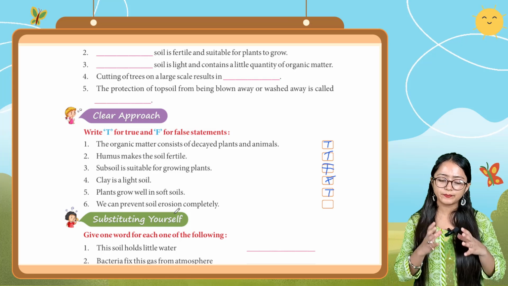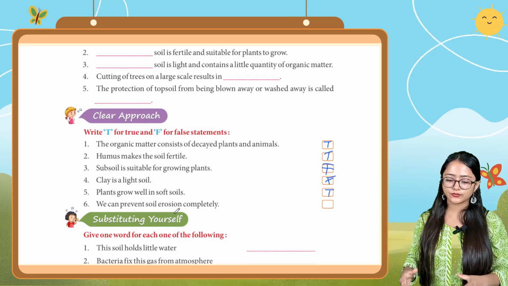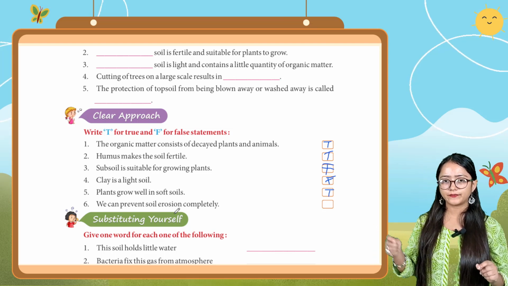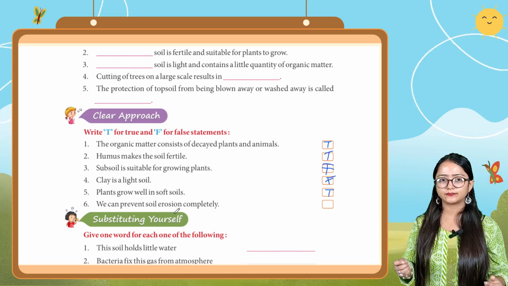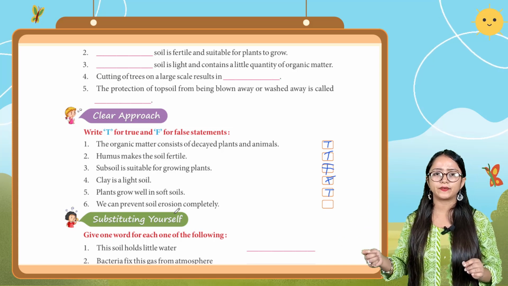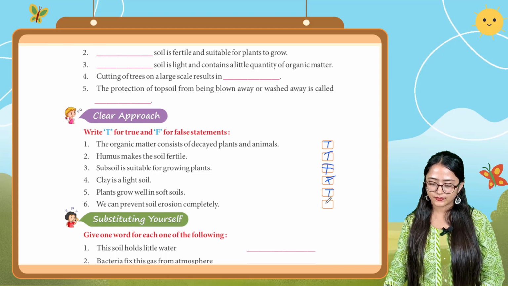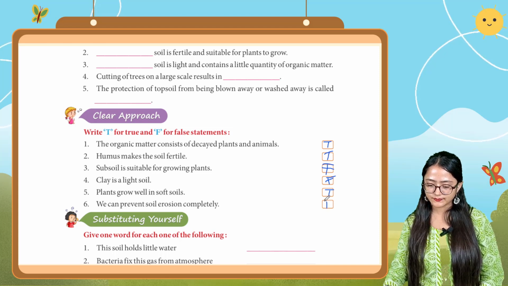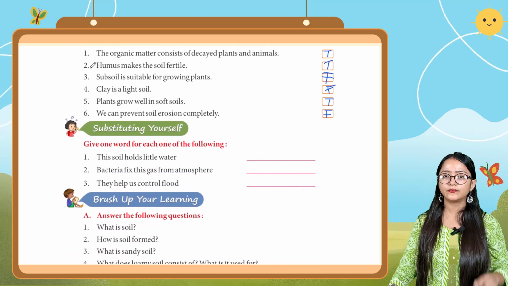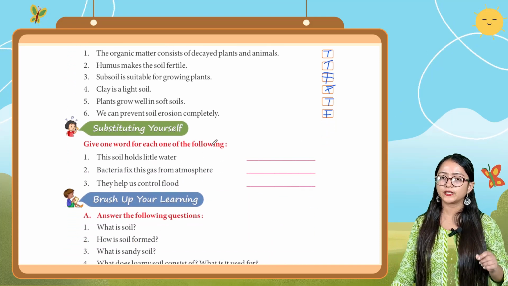Next one, we can prevent soil erosion completely. Not completely. We can just prevent soil erosion by some methods, but we can't completely prevent it. Okay. So this is false. So just write F here. Now come to the one word one. Give one word for each one of the following.